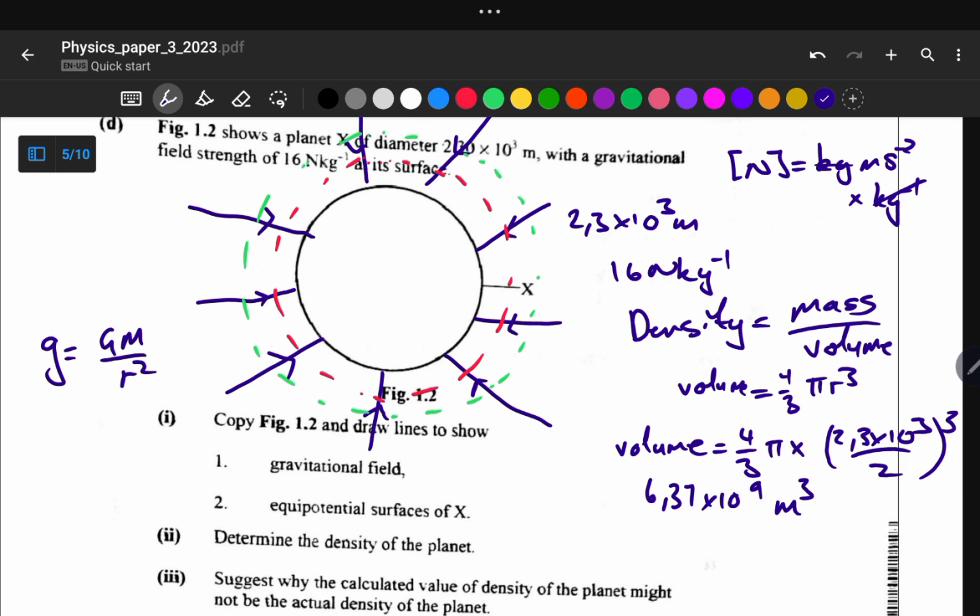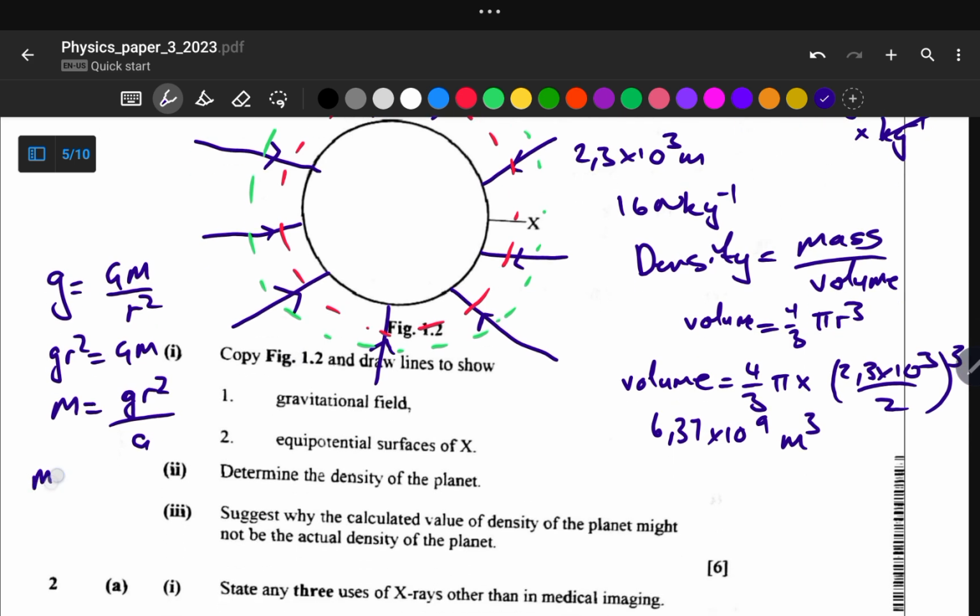To say g r squared is equal to Gm, so the mass is equal to g r squared over G, the big G. So M is equal to 9.81 multiplied by 2.3 times 10 to the power 3 divided by 2 squared, all over 6.67 times 10 to the power negative 11, the value of G.